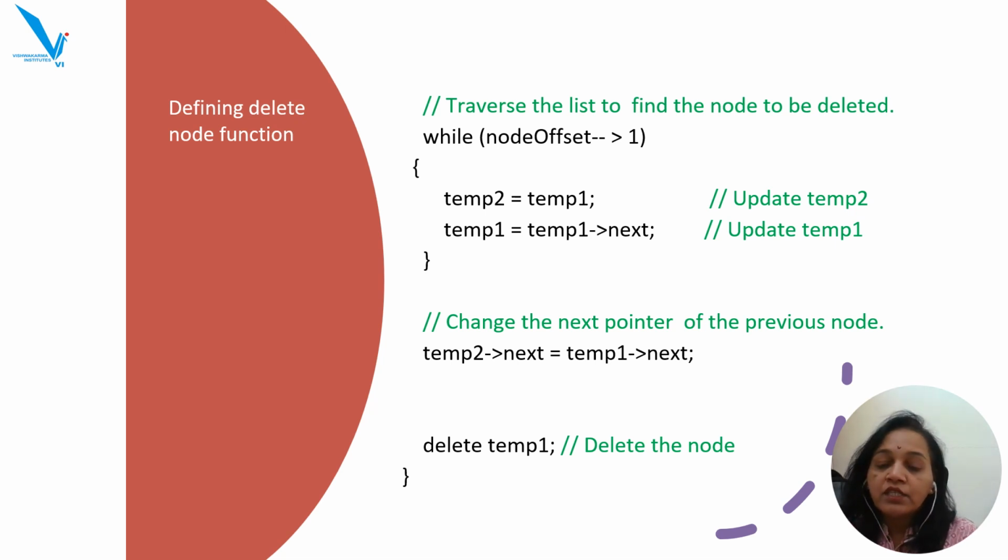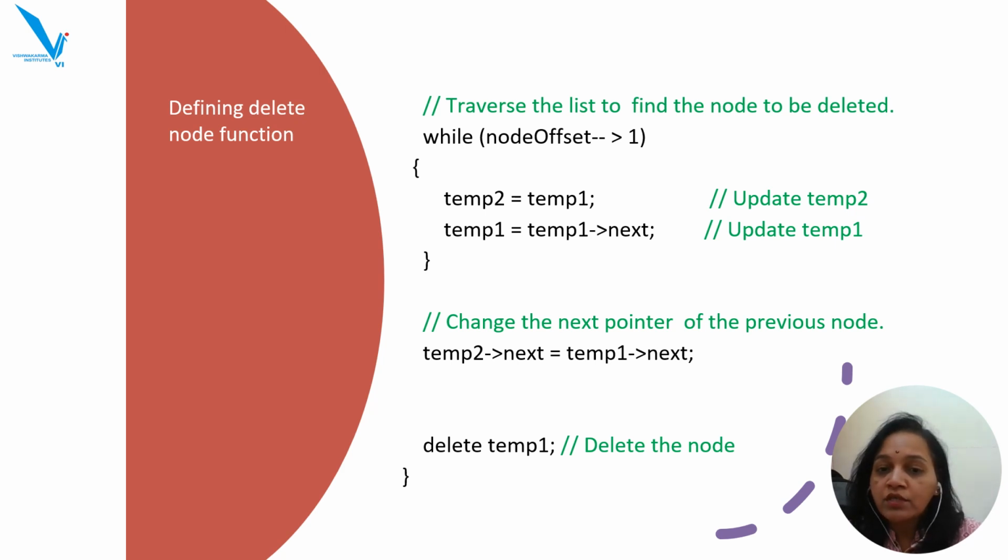Now suppose आपने दूसरा कोई पोजीशन दे दिया है, right? Suppose you want that the node at position 3, 4 should be deleted, any other position, okay? तो क्या करना है? So while node offset minus minus greater than 1, temp2 is equal to temp1 and temp1 is equal to temp1 of next. मतलब क्या?